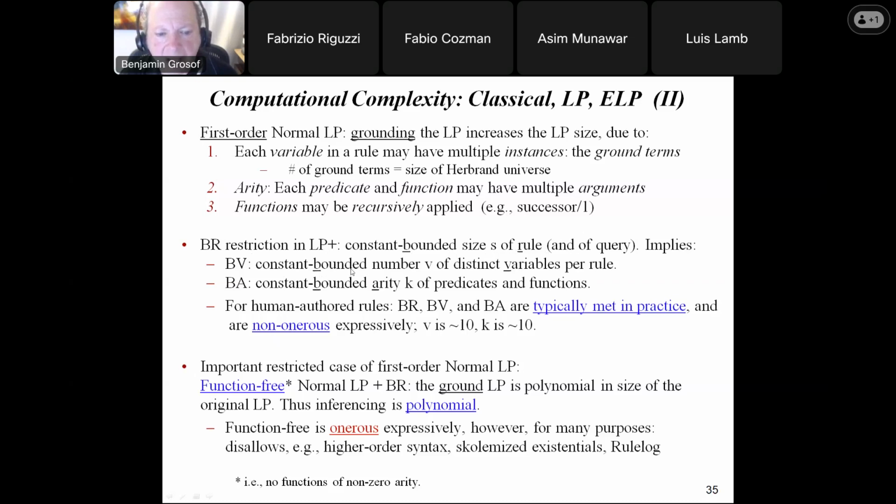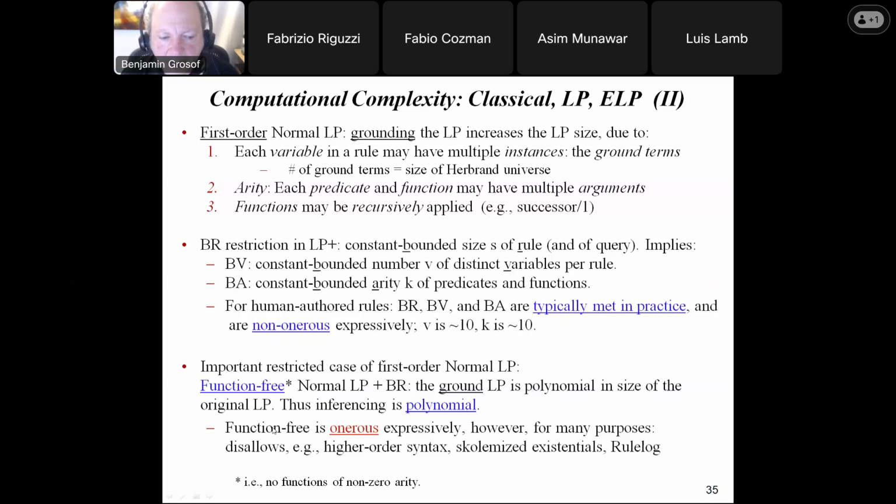And this implies a constant bound on the number of distinct variables per rule, and a constant bound on the arity of the predicates and functions appearing in the rule. And for human authored rules, BR and BV and BA are typically met in practice and not very onerous expressively. So V is like order of magnitude 10 rather than 100, say. K is order of magnitude 10 rather than 100. An important restricted case of first order normal LP is function free. And in that case, the ground LP is polynomial in size of the original LP, and thus inferencing is polynomial.